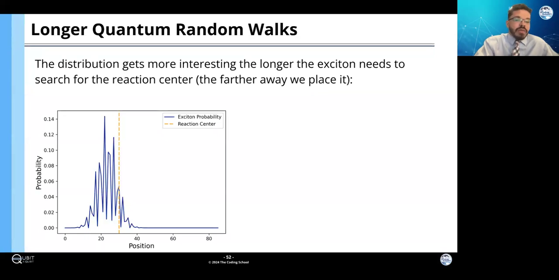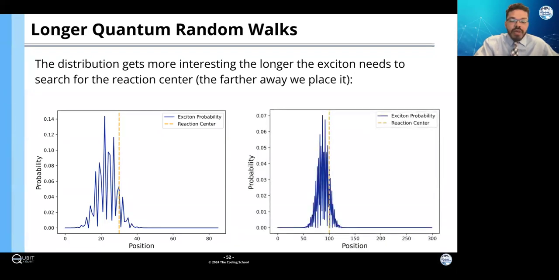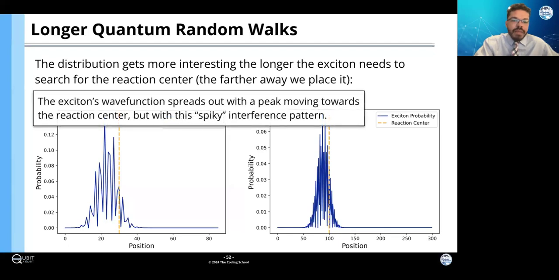Now that's the probability of the exciton's location after we allow the simulation to run. If we put it even farther away, we get an even denser set of spikes. You can think of this exciton's wave function as spreading out, where the peak moves towards the reaction center but has a spiky interference pattern.